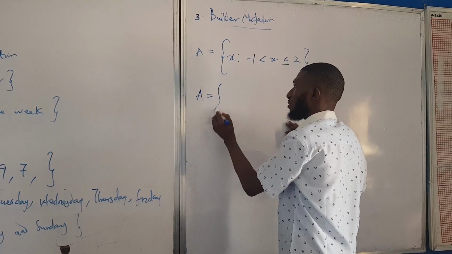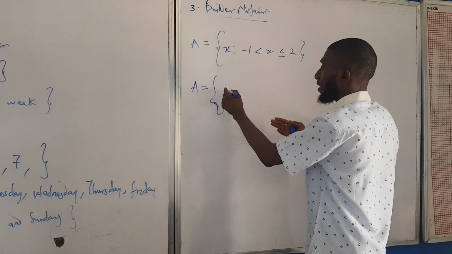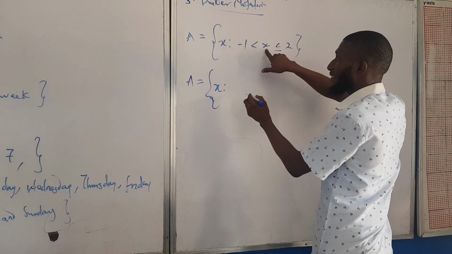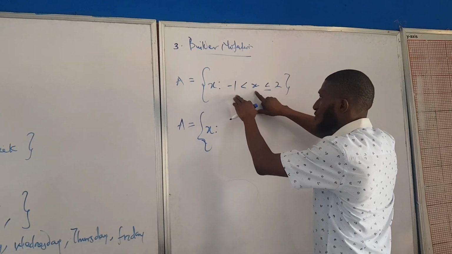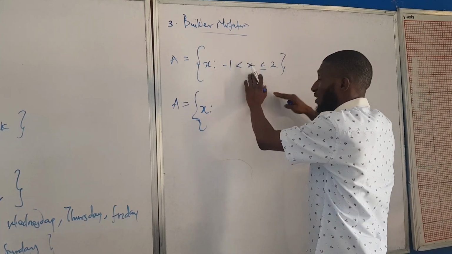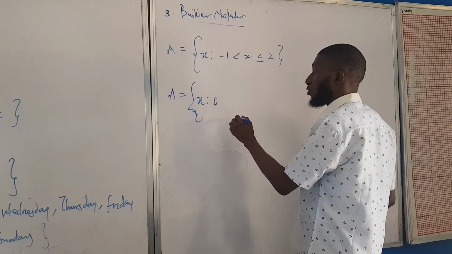This can be properly translated: x is now a member of, remember that -1 is strictly less than x. The first number that is greater than -1 is 0 itself.